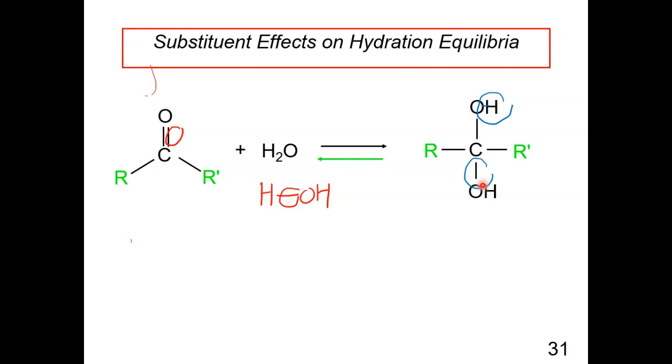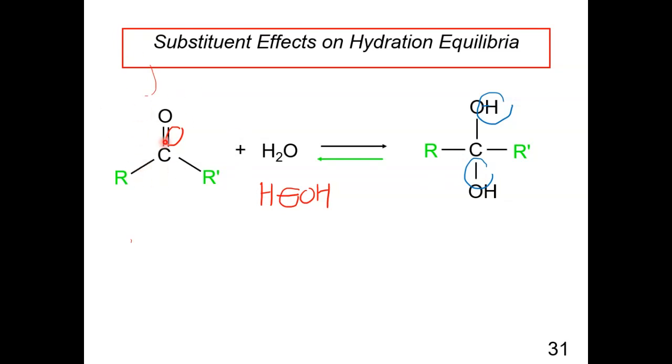But what's special here is that the CO double bond is an unusually strong double bond, so its pi bond is not that weak. Overall, this reaction is not necessarily exothermic.